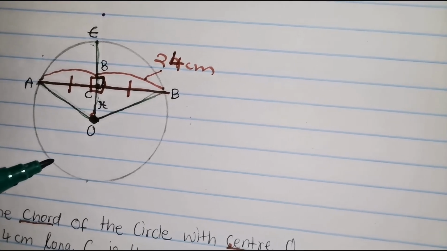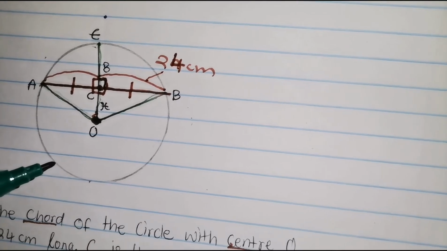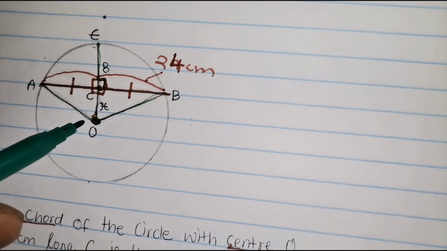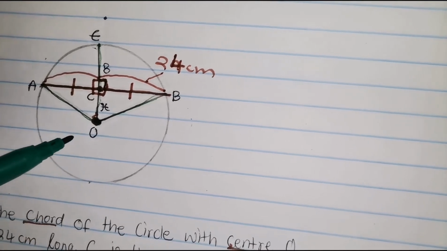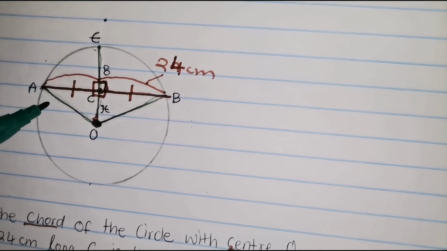That line is called a radius. When you have more than one line performing the same function as a line from the center to the circumference, each is called a radius.